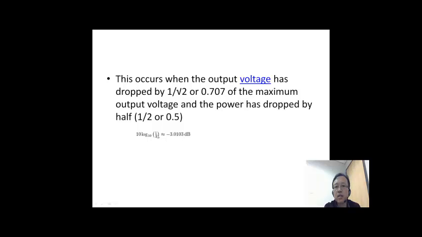The calculation here is 10 times log base 10 of one half, so half of the input power becomes minus 3 dB. Some questions, quizzes or online exercises can use this equation to ask you how to calculate the current or voltage, because that's how we define 3 dB.